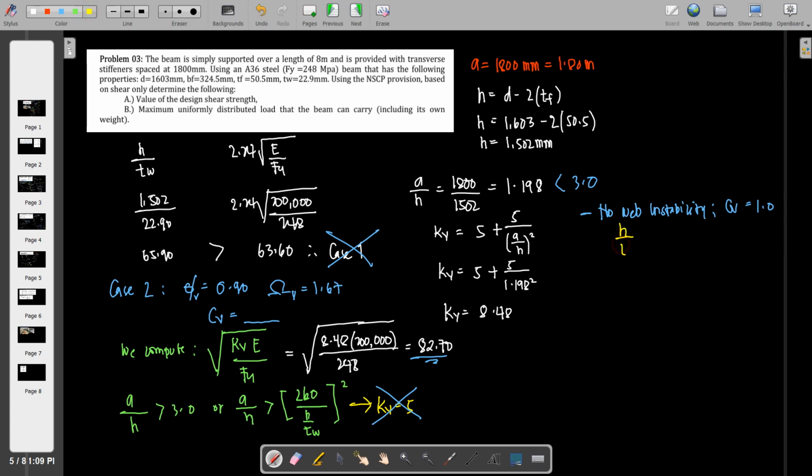your ratio H all over TW is less than 1.1 times square root of KV E all over Fy. So, another scenario, ito yung inelastic buckling.